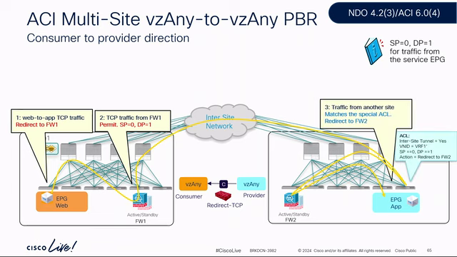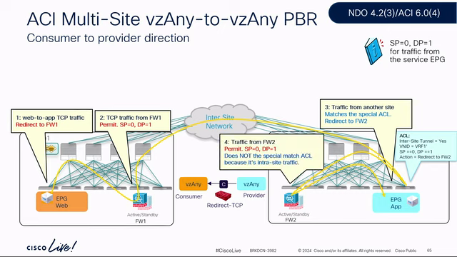Then the destination leaf sees the traffic from another site with SP equals 0, DP equals 1, which means this is from another site, and firewall was already inserted in source site. Then we need to redirect traffic again.